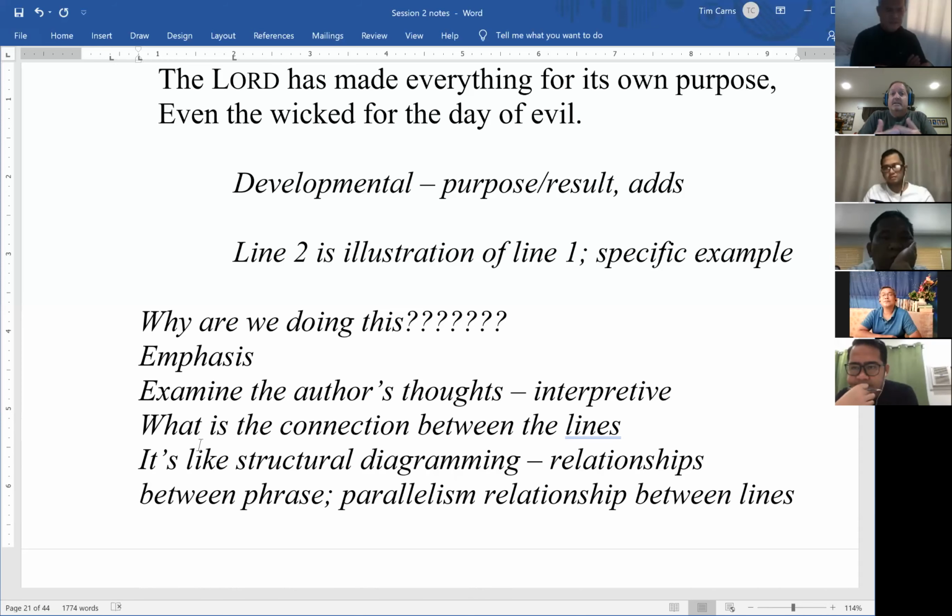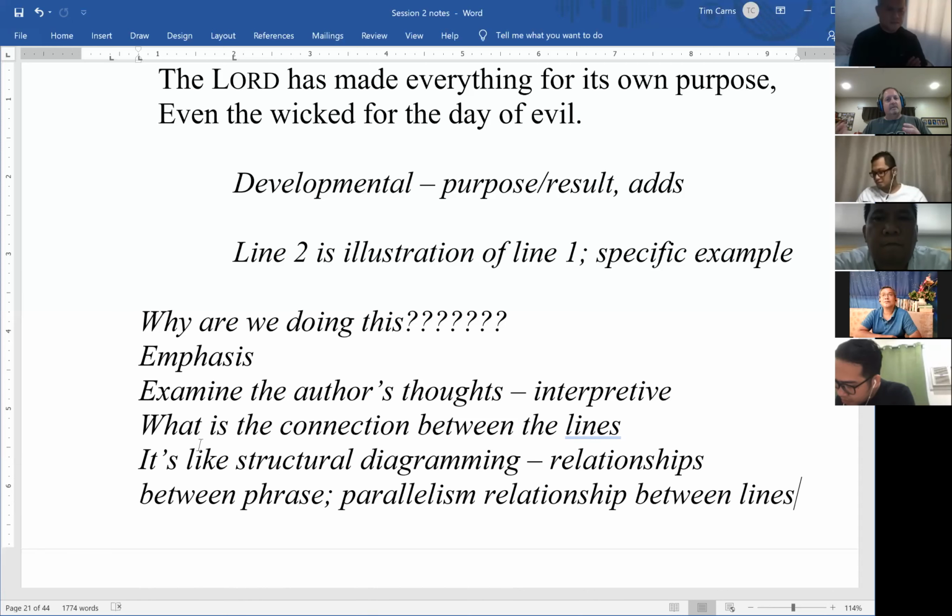That's the characteristic of Hebrew poetry. Now we're just trying to go, okay, how is he connecting them? And that process of thinking about that, trying to answer that question, helps us get insight into the poem. We're just trying to basically interpret. This is part of the interpretive process.